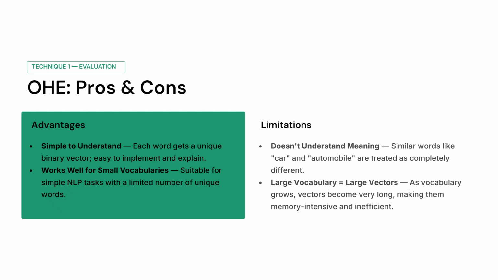Even though they are pretty similar, they can be very far apart from each other in this representation. And second, if we have a very large vocabulary, then most of our vectors would be very sparse and contain very little information, and they would be very long, making them highly memory consuming and inefficient.